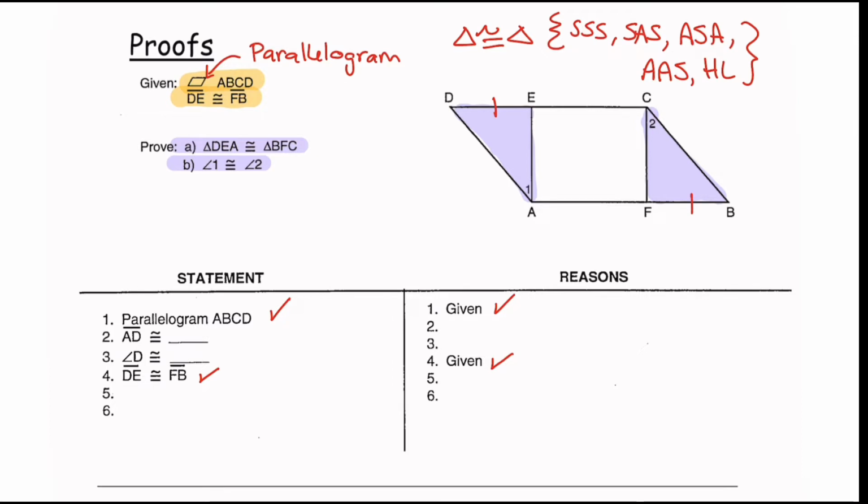So where's AD? AD is this segment right here, and if I were to guess, well, not really guess, but use the properties of parallelograms, opposite sides are congruent. So BC is congruent. Opposite sides are congruent.